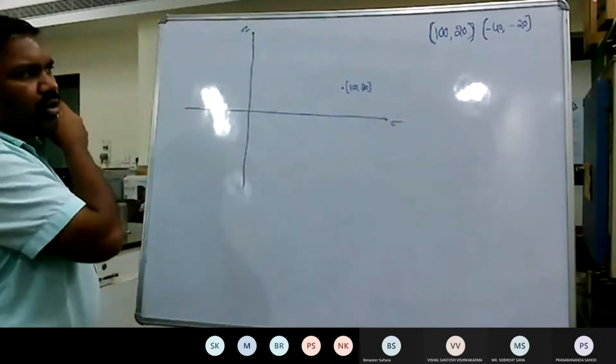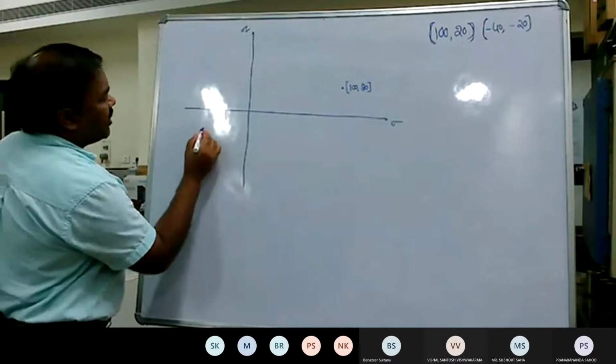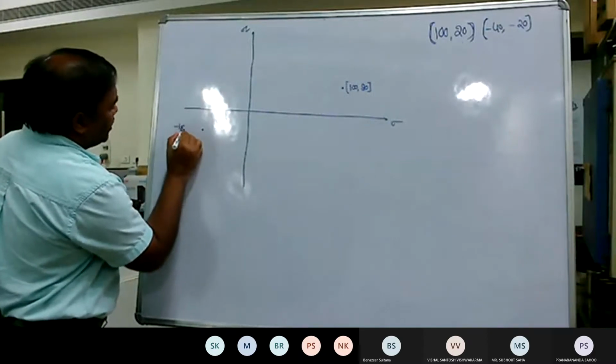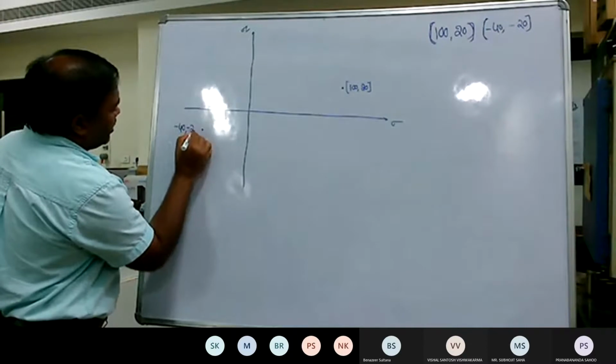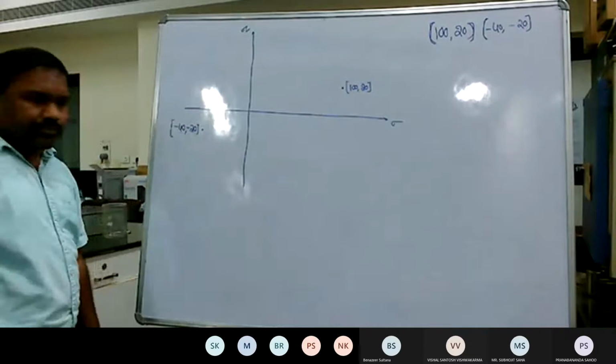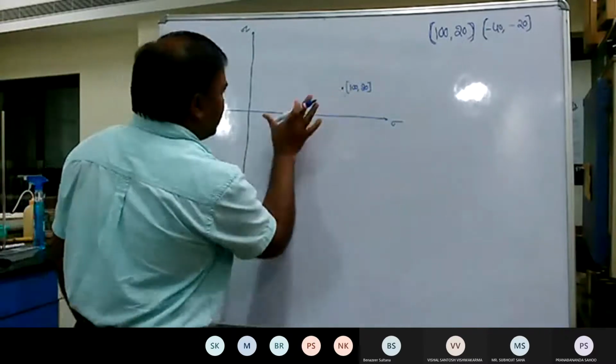The other coordinate is negative and negative, so minus 40 and minus 20. So these are the two points. Ideally, this is one point, this is another point.